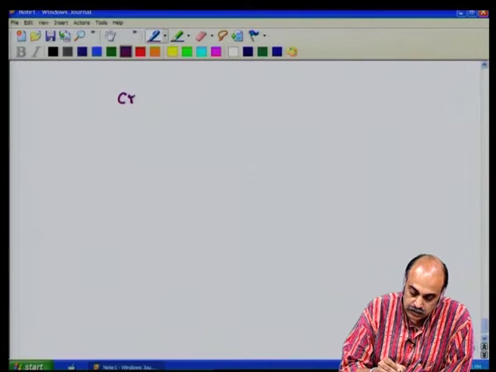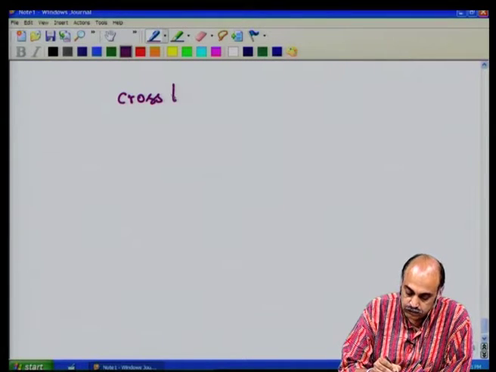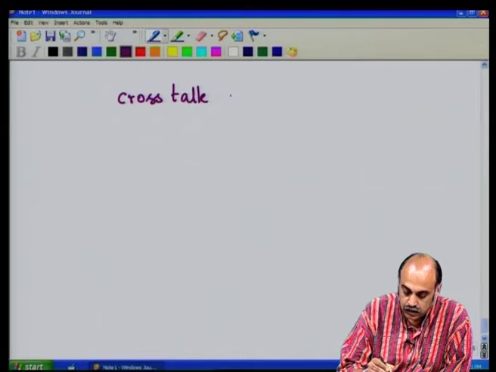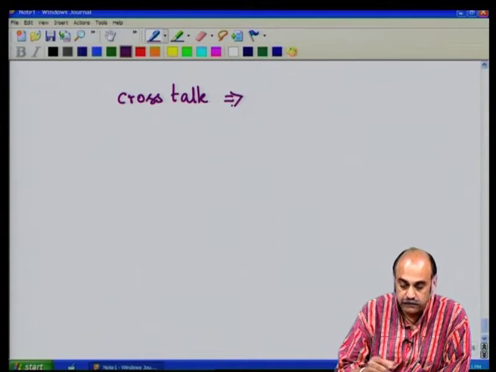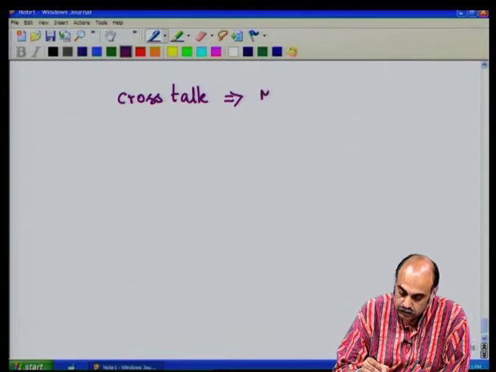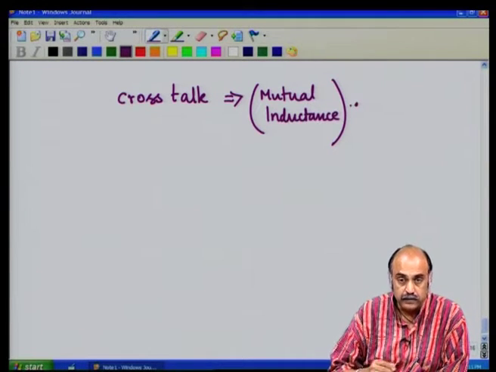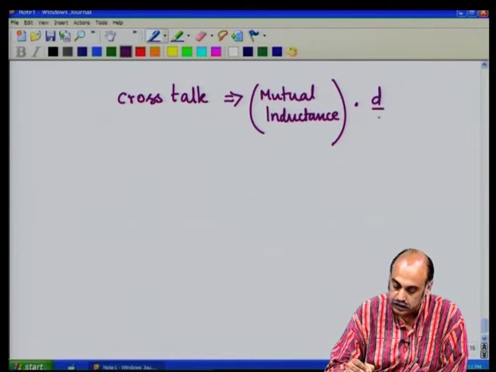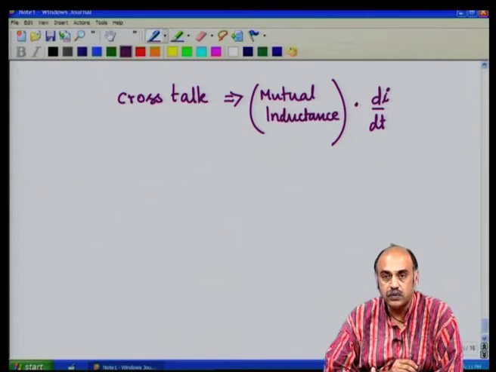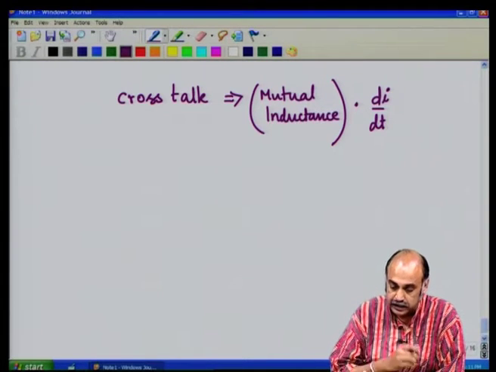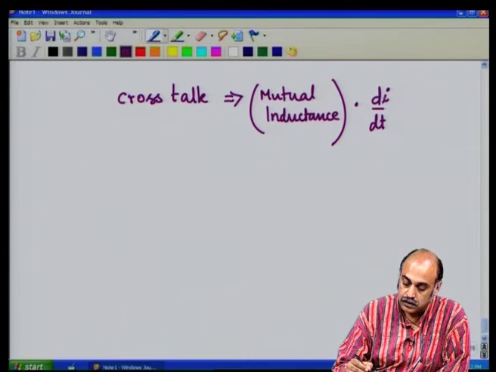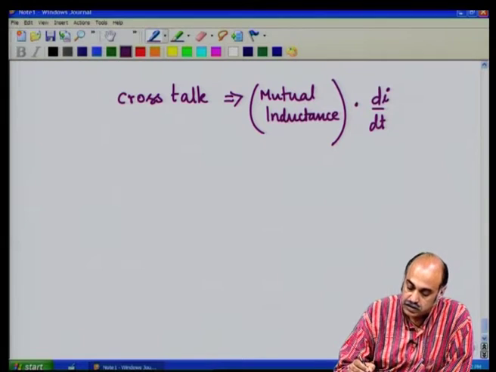The crosstalk is basically a function of the mutual inductance, and the important part here is di by dt, the rate at which the current flows, the rise time of the currents. So, the rise time of the currents is a major culprit.